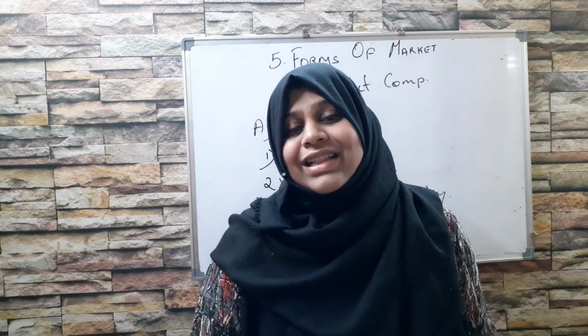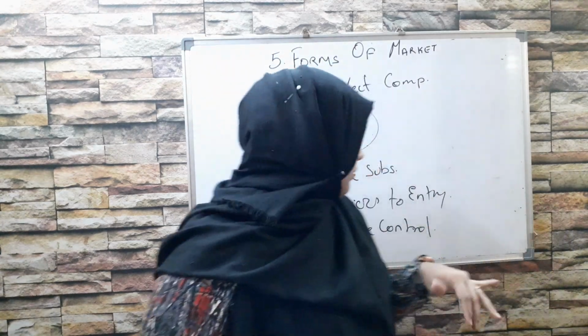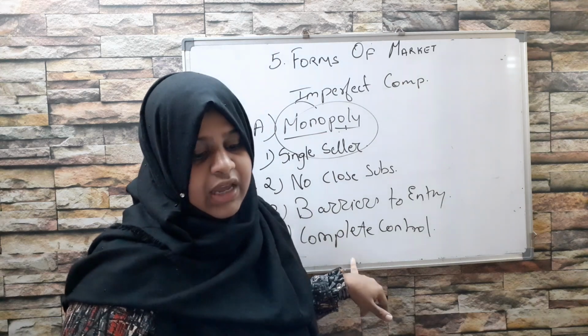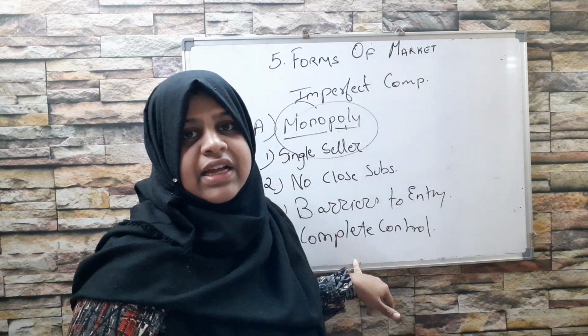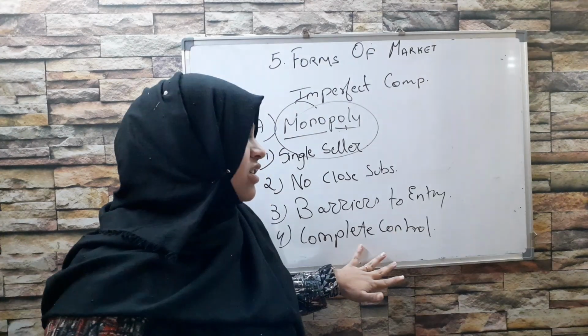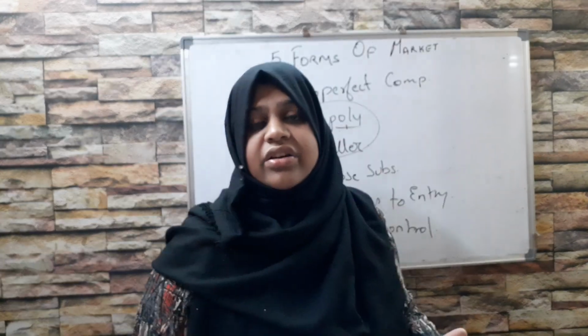All that is in the hands of the monopolist, and that is why he himself is the producer, he himself is the seller, and that is why he has the entire control of the market.